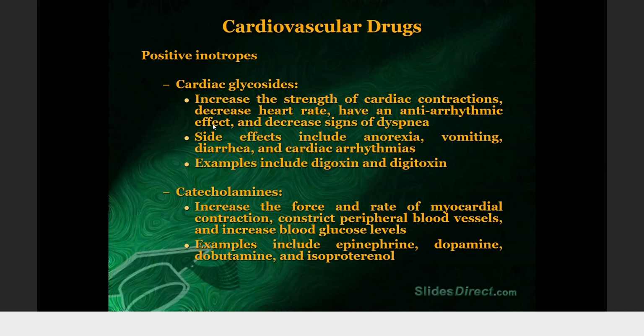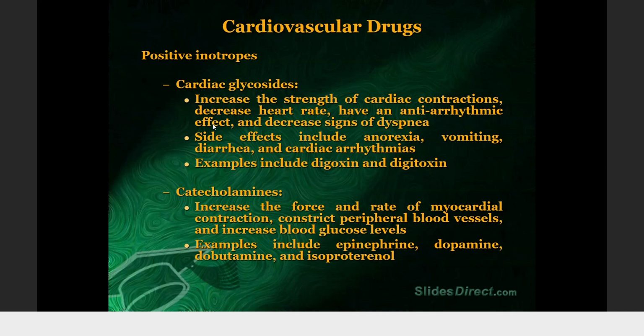Because if you give repeated doses, the cell will become immune to this drug. They will respond less and less to stimuli. That's why it is not given for a long term effect. If you give for a long term, you use the cardiac glycosides, which is digoxin and also digitoxin. Okay, that was for the positive inotropes.